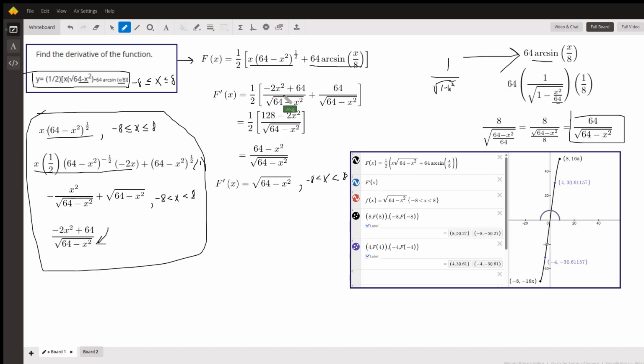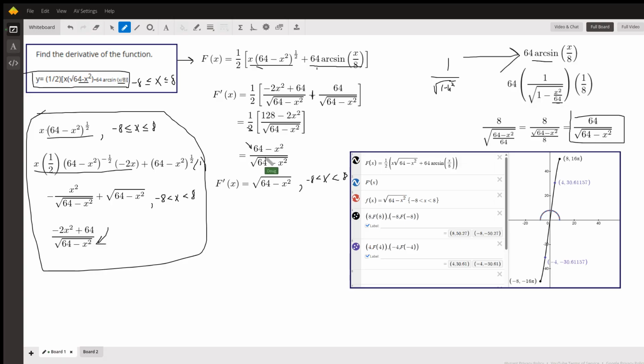And so if I do that substitution of the derivatives of those two terms multiplied by 1/2, these two terms have a common denominator, so I can add the numerators. And then if you divide both sides of the numerator by 2, this is what you get.